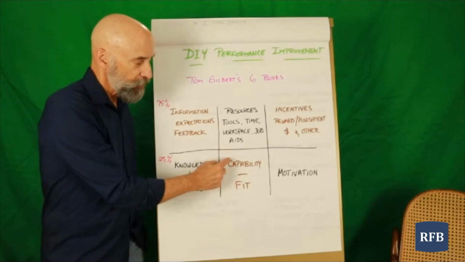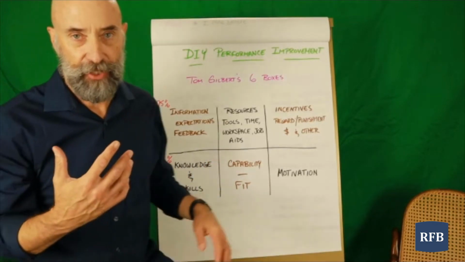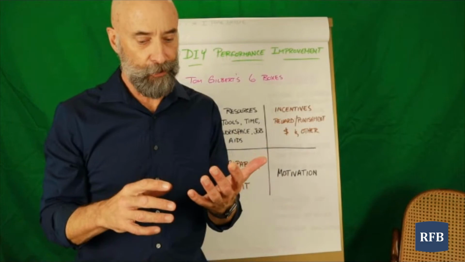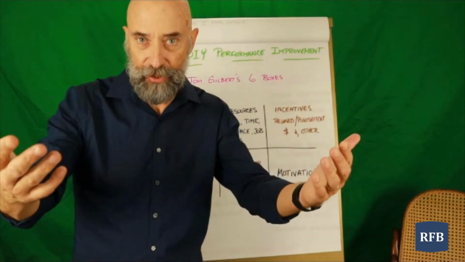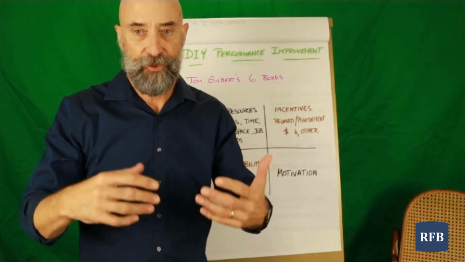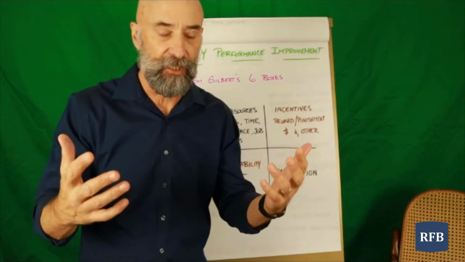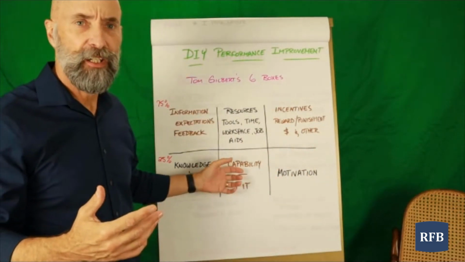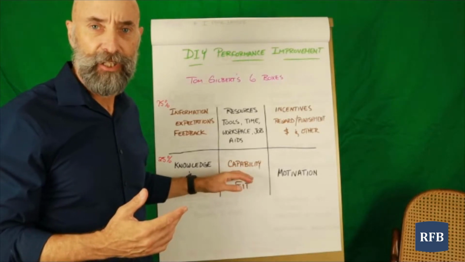Now, Tom, when he wrote this, had capability as one of the boxes. The idea here is, do we have people who intellectually have the brain power needed to do the job? Socially, emotionally, physically. This is something that actually needs to be found at hiring, right?